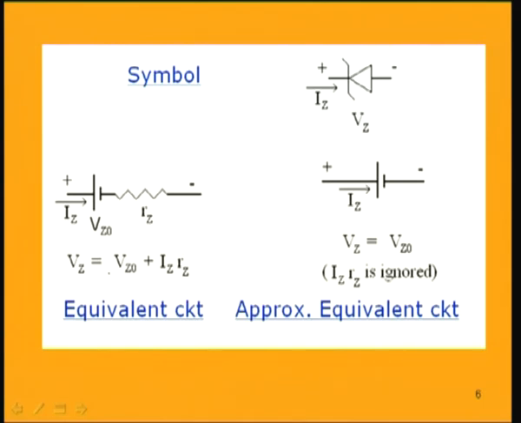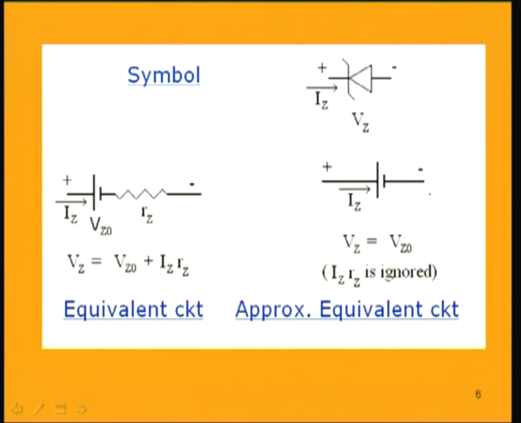That is why basically the whole drop is Vz0 plus Iz Rz, but as this Rz is very small, this drop Iz Rz, which is actually variable, we can approximately ignore, since as this Rz is small, this drop will be small. So, this variable drop can be neglected altogether, and then we will be having Vz equal to Vz0.